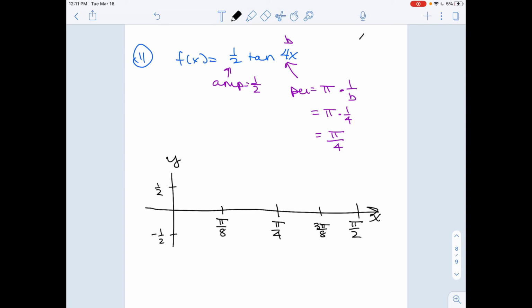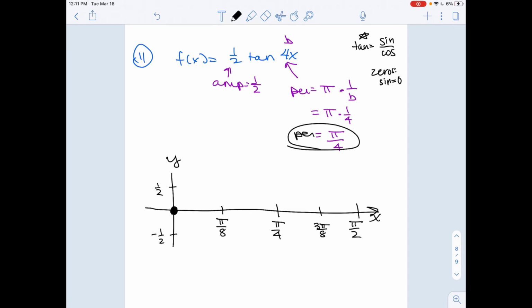Now keep in mind, tangent is equal to sine over cosine. So our zeros are where sine is 0. And remember, sine is 0 at 0. So here at 0, I've got my point, okay? And remember, this adjusted period is pi over 4.